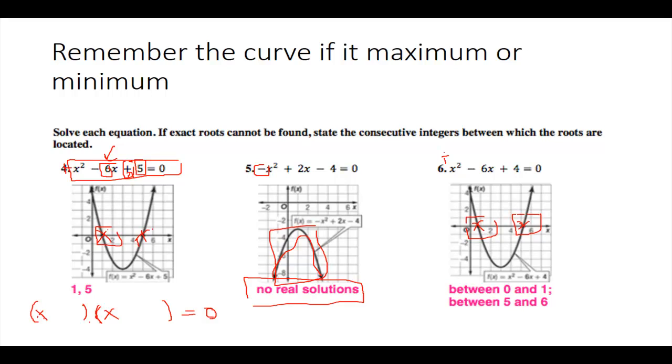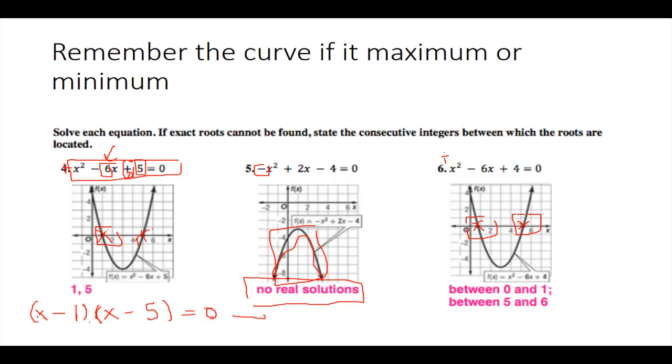So of course, 5 and 1. The last term is positive, so I give the sign of the middle term to both brackets. Here is negative, here is negative.